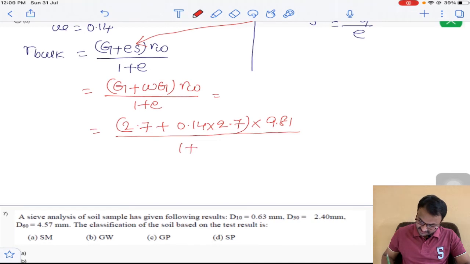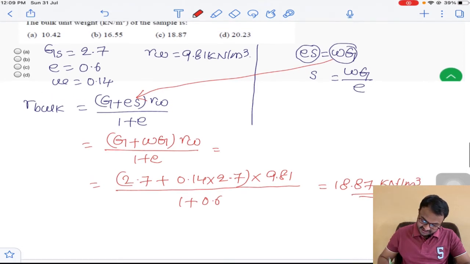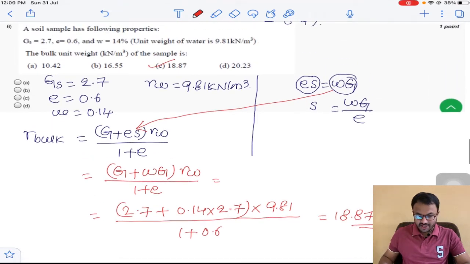So 1 plus e is 0.6. You can get the value as 18.87 kilonewton per meter cube. So option C will be the answer. The bulk unit weight of the given sample is 18.87 kilonewton per meter cube.